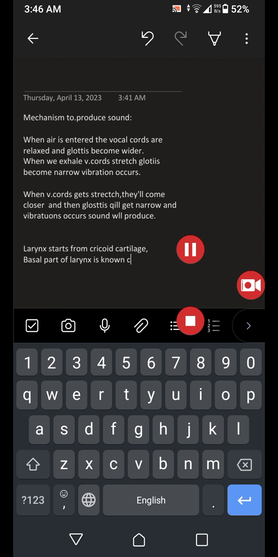The basal part of the larynx is known as cricoid cartilage.